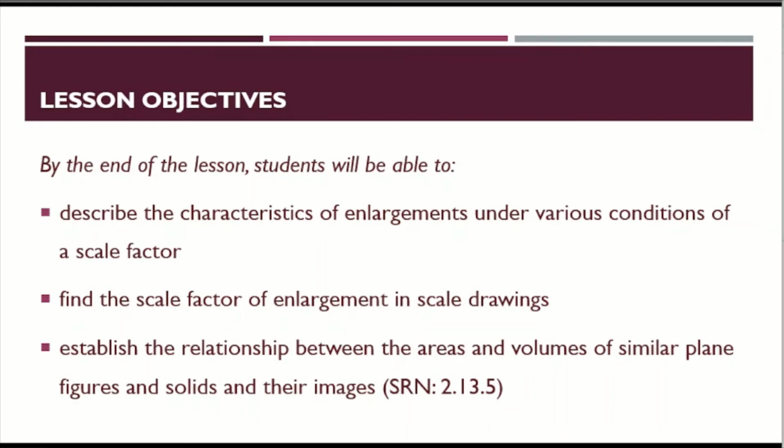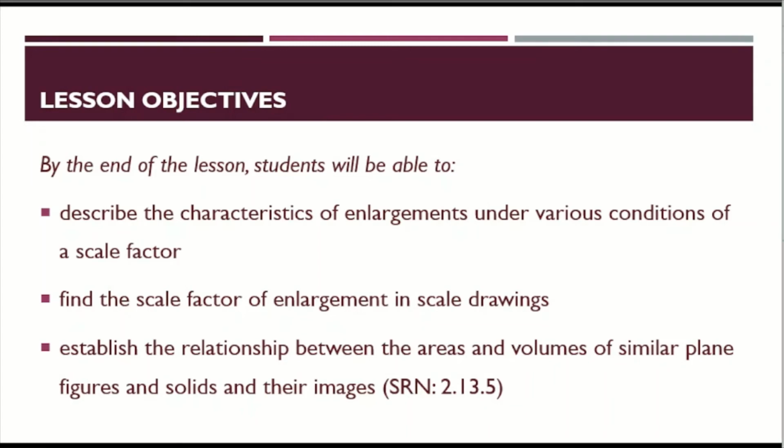But when the object and the image are at opposite sides of the center of enlargement, we have a negative scale factor. And we also used our various formulas to solve questions involving finding the scale factor of enlargement.